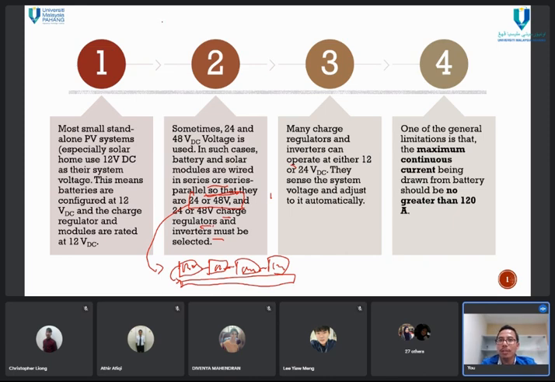Like I told you, most inverters that I've seen until today, for 12 and 24 volt, usually can support both in one inverter. But for 48 volt, usually it is separate, and the price is going to be more than the 12 and 24 volt.